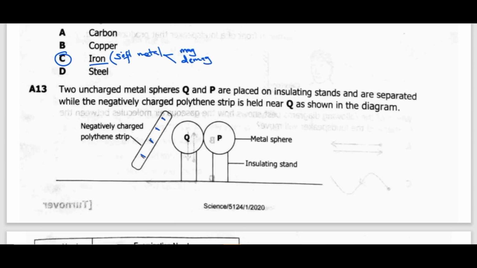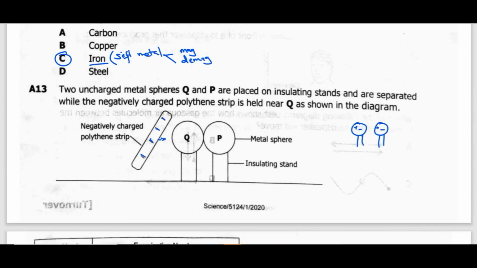Because these spheres are uncharged, this will be attracted to this metal here. Now this metal has particles which are charged, but we cannot see them. So let me write here: it comprises positive and negative charges.